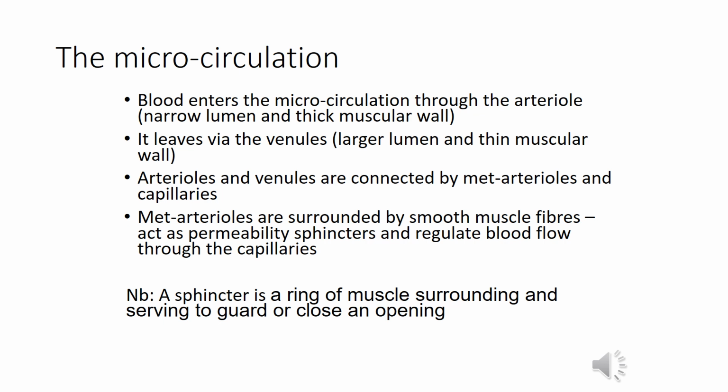Because of this characteristic, they are able to control how much blood enters the capillaries in terms of volume. Therefore, we can comfortably say that they act as pre-capillary sphincters because they regulate the flow of blood into the capillary bed. Okay?